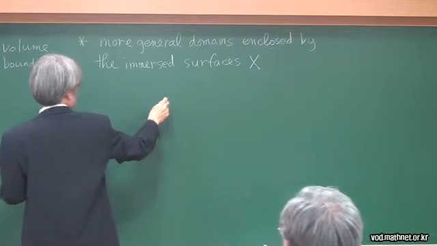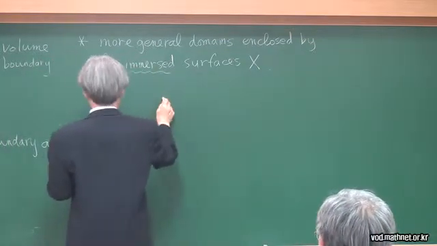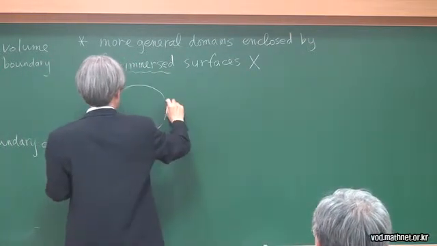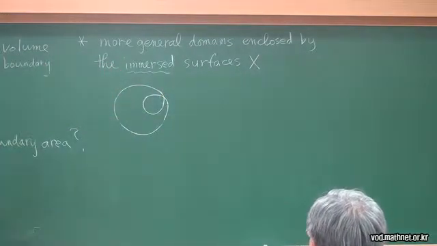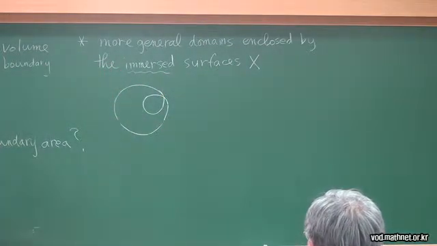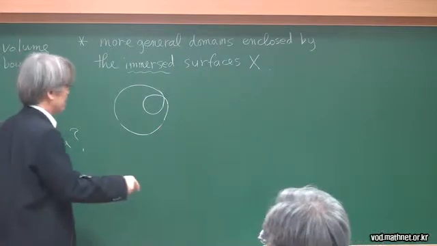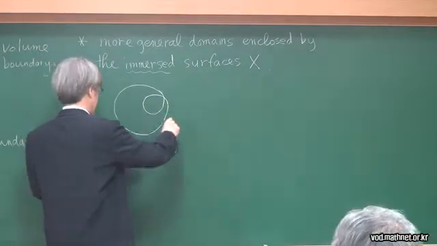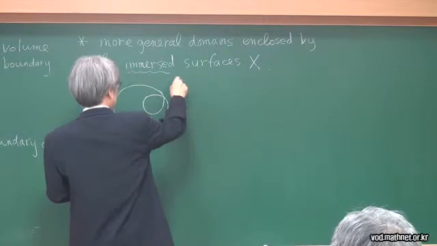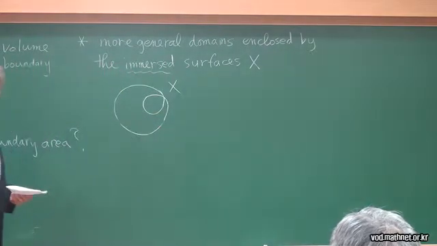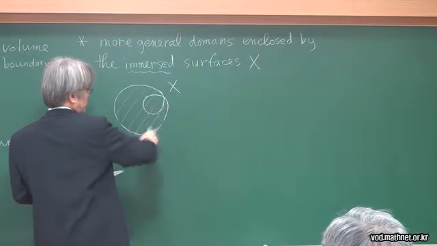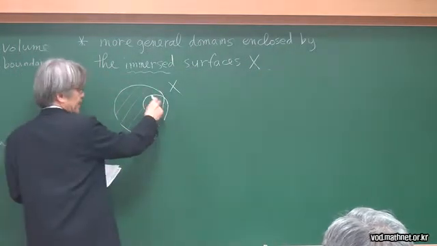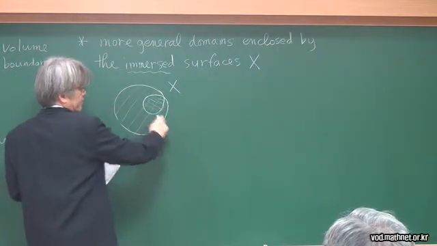So it's an immersion. For example, we are going to consider a more general domain enclosed by this immersed surface X. In this case, the enclosed volume is not only this whole domain, but we also have to add this part of volume.